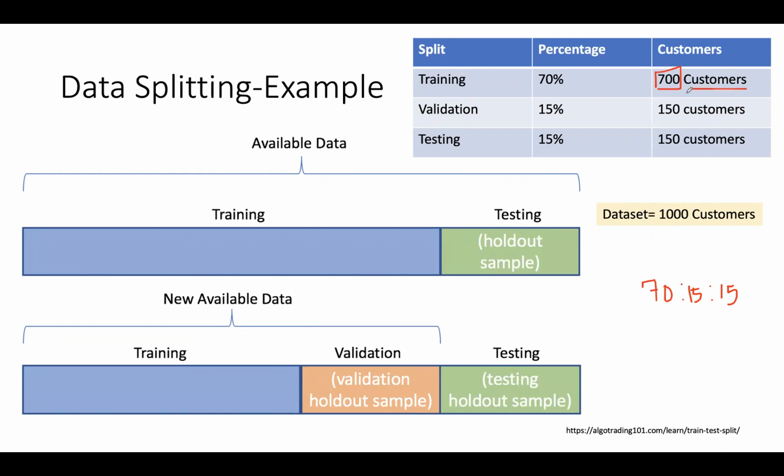So our training data will contain 700 training samples. These are customer instances, right? We call these training examples, these are just the rows, the full examples. And then validation here will contain 150 customers and then also testing 150 customers. So again, you can see here, training we have 700, validation 150, and testing we have 150.